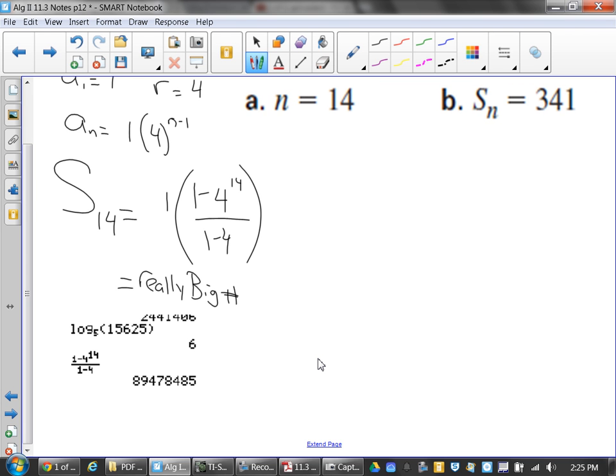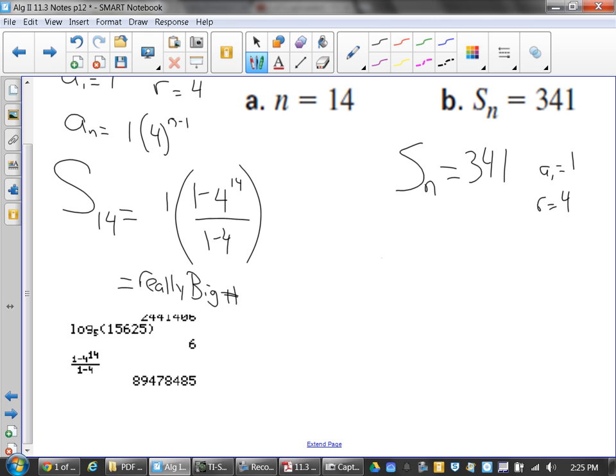Second part. Again, we have to set it up so that we find how many of them we have to add together to equal 341. So we know that the sum of however many is going to equal 341. We're still using that our first term was 1 and our rate was 4.